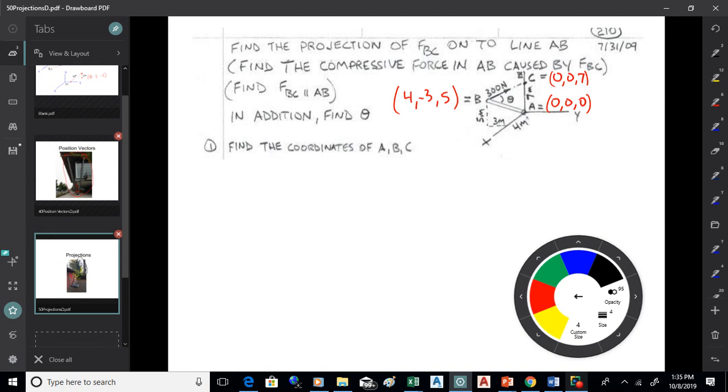So I got 0, 0, 0 for A because that's the origin, 0, 0, 7 for C, 4, minus 3, 5 for B.